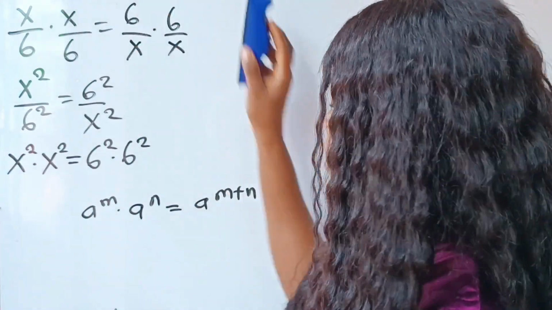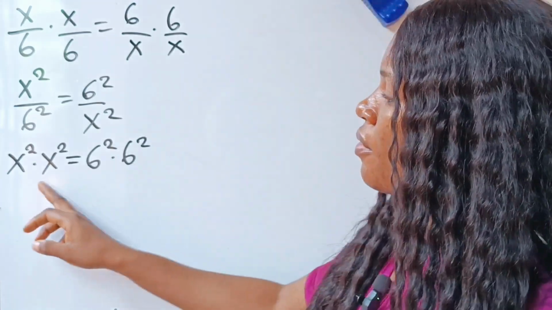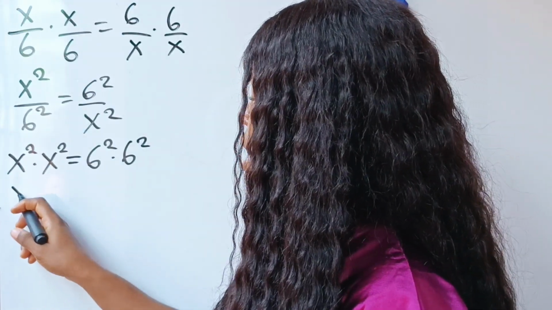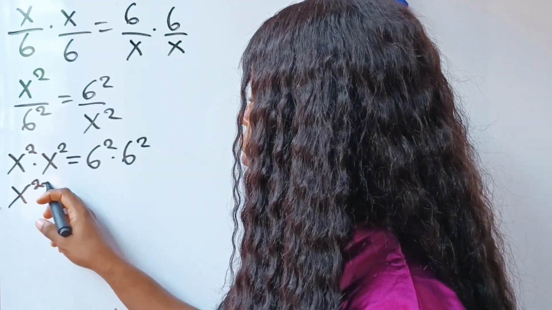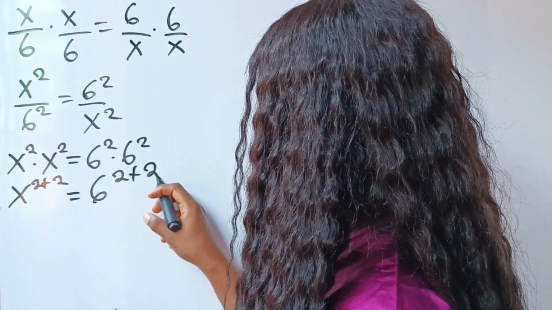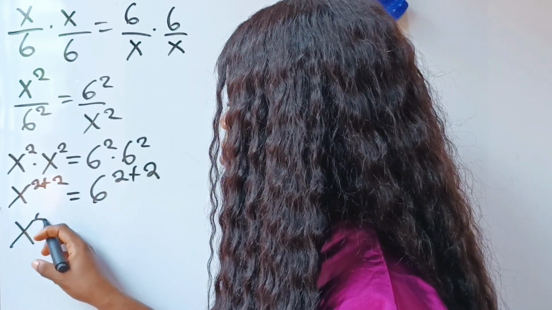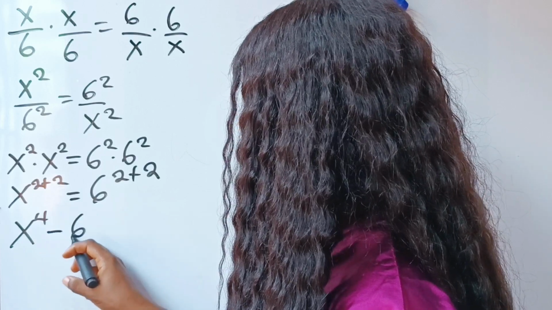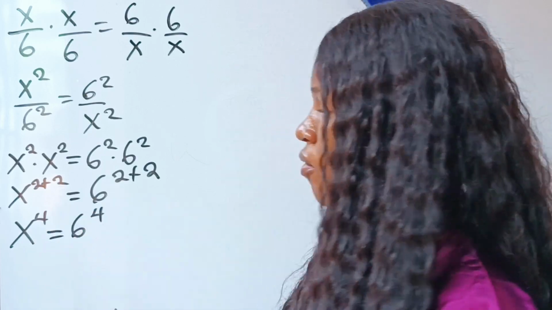So that simply means that we can rewrite this as x to the power of 2 plus 2 is equal to 6 to the power of 2 plus 2. So we have x to the power of 4 is equal to 6 to the power of 4.